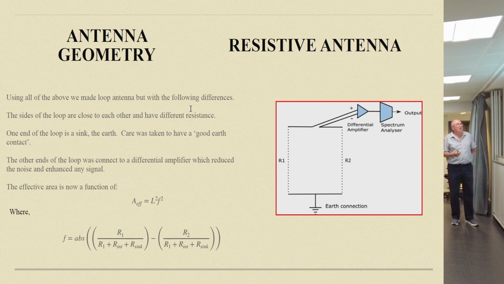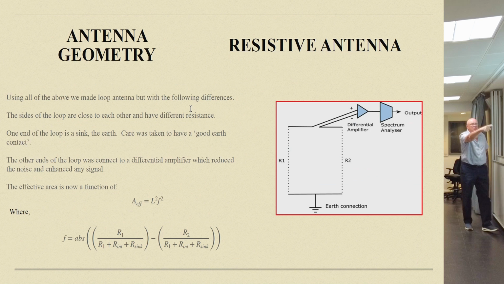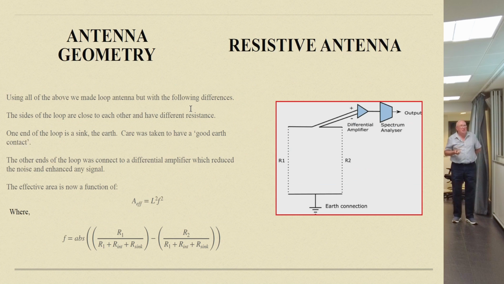And then it turns out that if you earth it at the bottom as well, this is what you would do with this sheet. If that was a sheet, you'd earth it. And you have to have a very good earth, by the way. That's one of the things we learned, and it's been known for a long time, that you've got to have a very good earth connection. I don't know if any of you know this, but if I earthed it here, it wouldn't necessarily be the same as the one over there. And in fact, that causes safety problems.